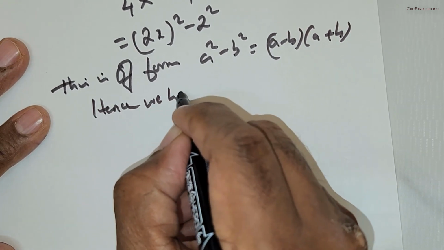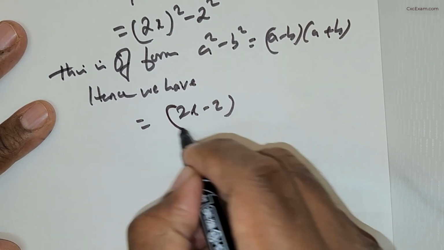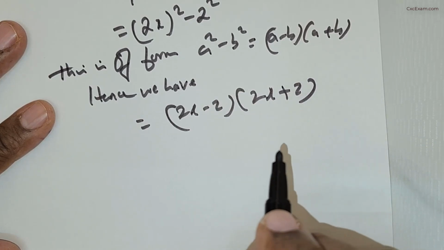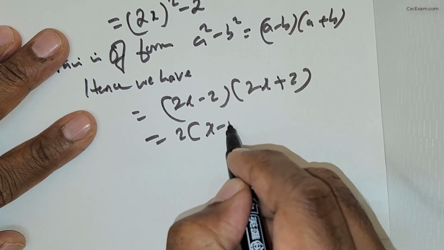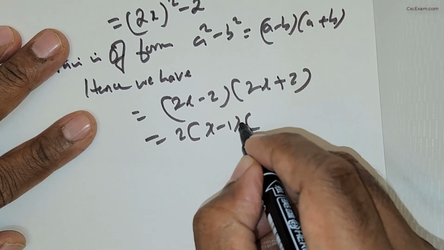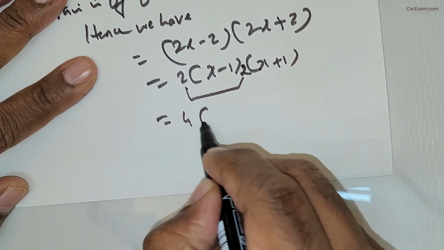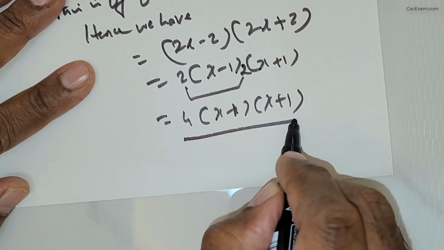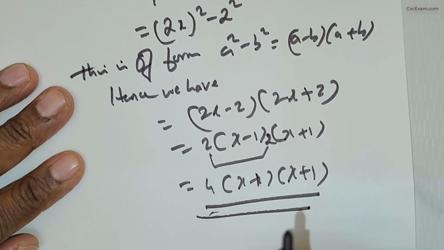So this is 2x negative 2 multiplied with 2x positive 2. Now you can take the 2 out from here, x negative 1. You can take 2 out from there, you have 2 of x positive 1. 2 into 2 is what? 4 times x negative 1 times x positive 1. So you stop here. This is the solution for this question.